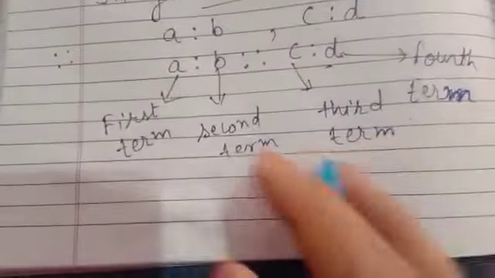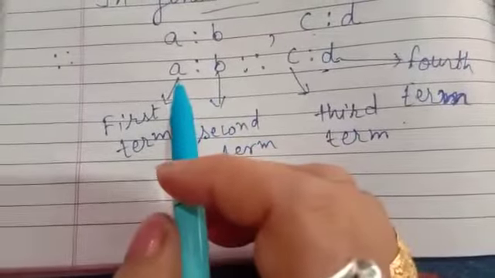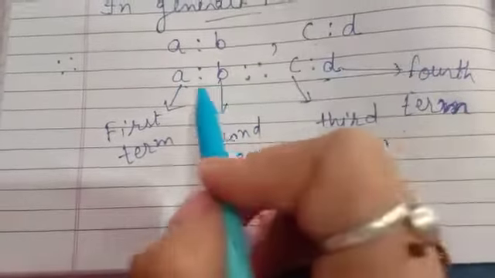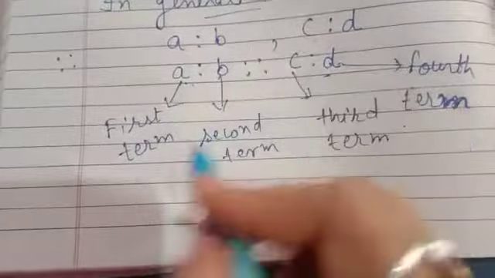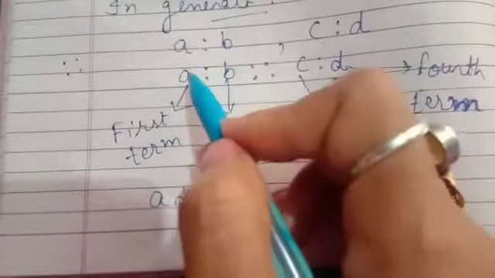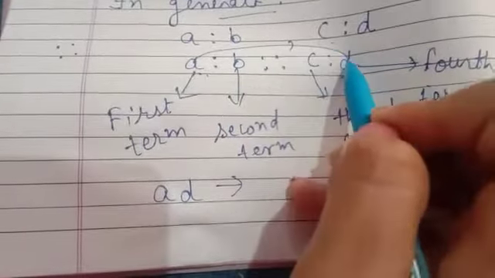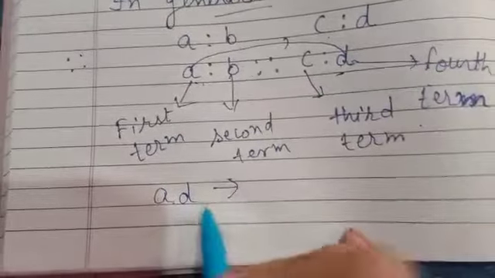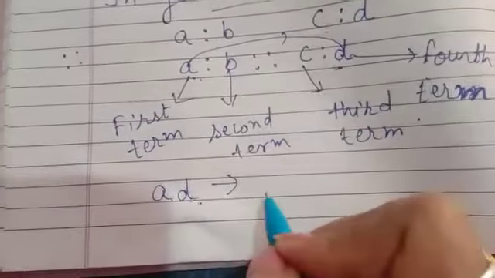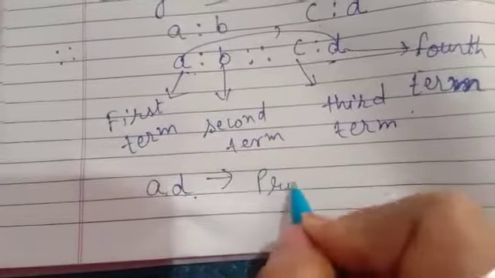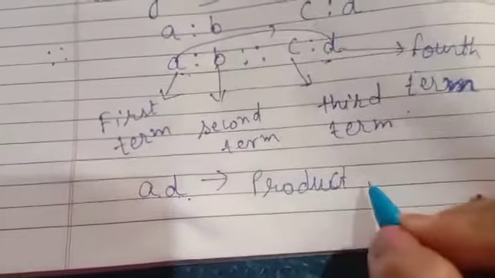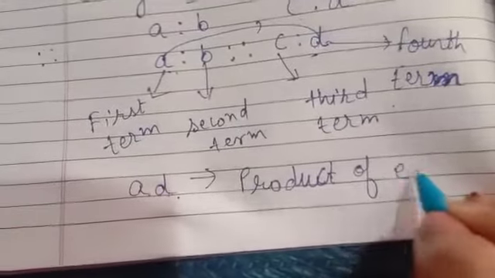Here is one important thing which will help to solve the sums: the first term and the fourth term, that is A, D. First and fourth. These are the extreme terms. When we multiply them we call it the product of extremes, because it's a product, right beta.